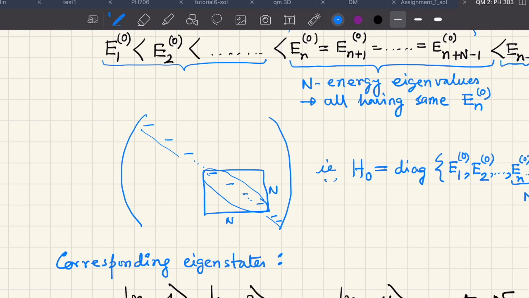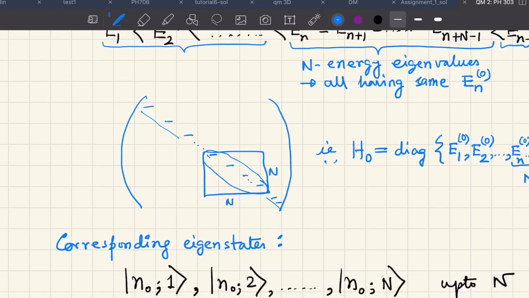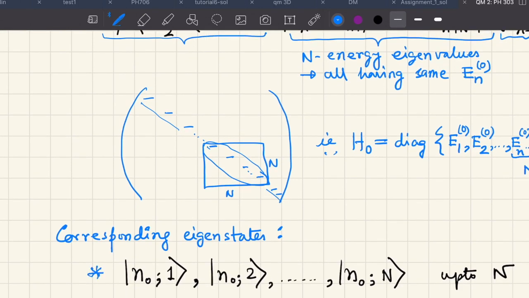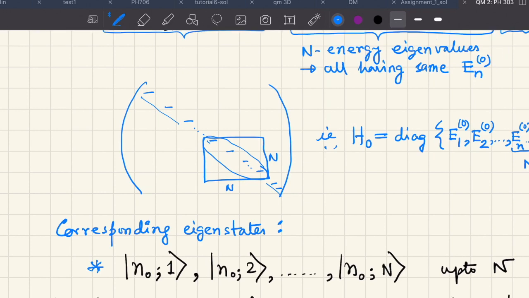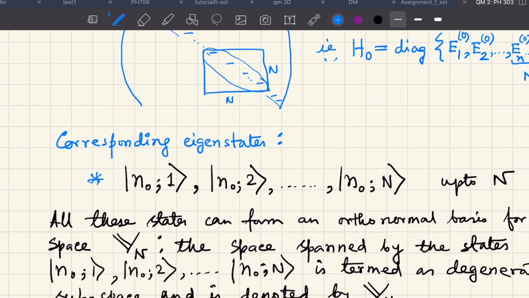Correspondingly, we denote these degenerate states as ket n naught comma 1, ket n naught comma 2, up to ket n naught comma N. All these states form an orthonormal basis for the space Vn, which we call the degenerate subspace.